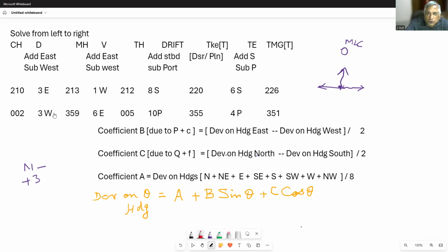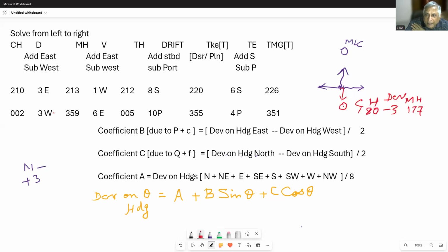The pilot reports a compass heading of 180, and the magnetic heading reported by the person outside by his medium landing compass is 177. Now on heading 180, south heading, your deviation is minus 3.